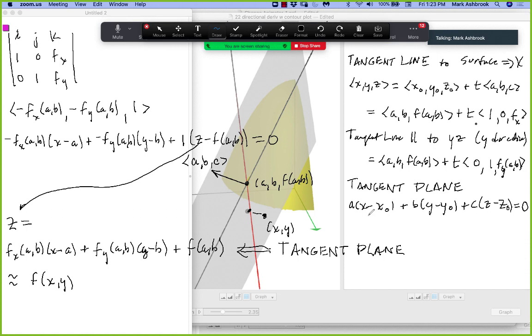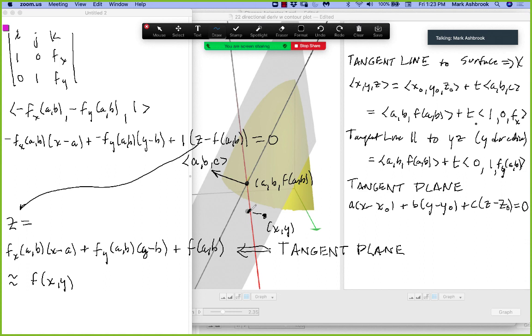So the tangent plane, for ordered pairs close to (a, b), is the linear approximation of the function values. That's why it came up both ways. When we figured out the tangent plane, we got this. When we figured out our approximation for z values, we got the same expression.